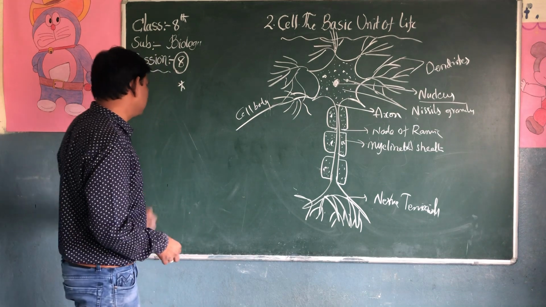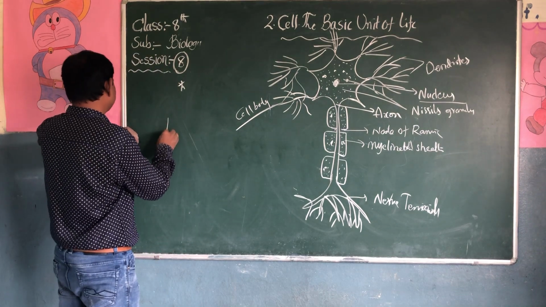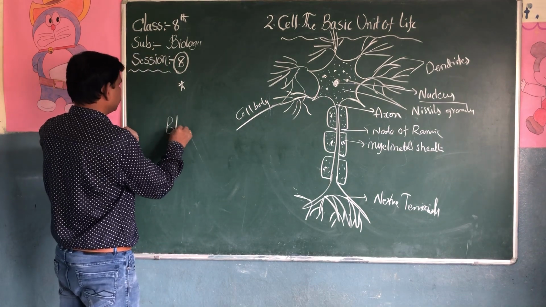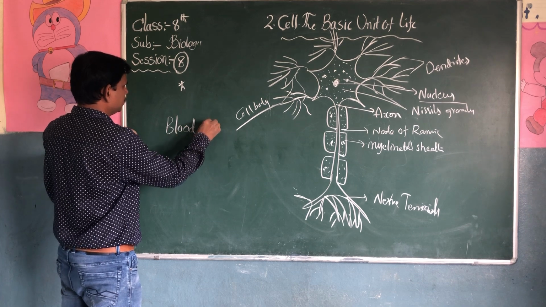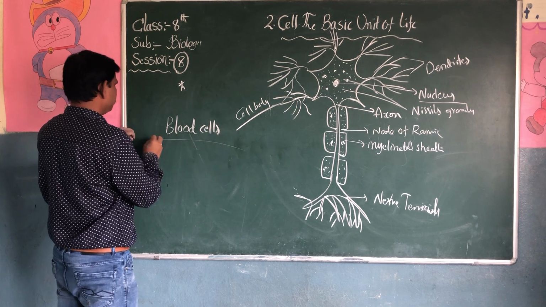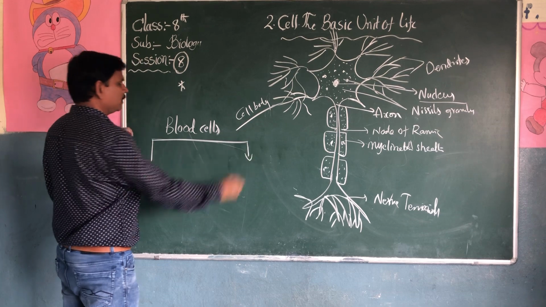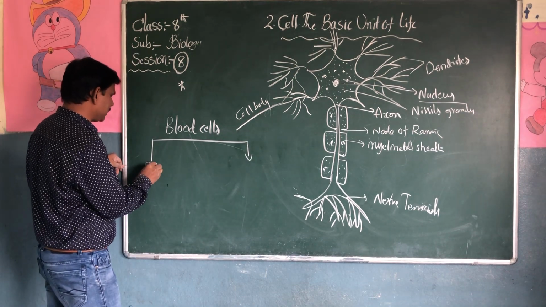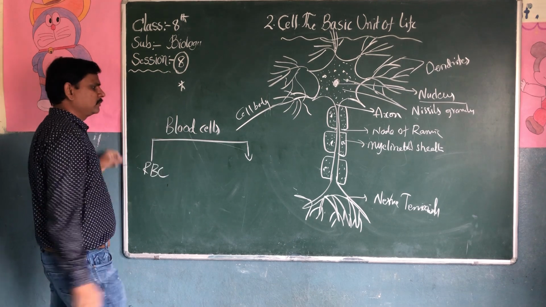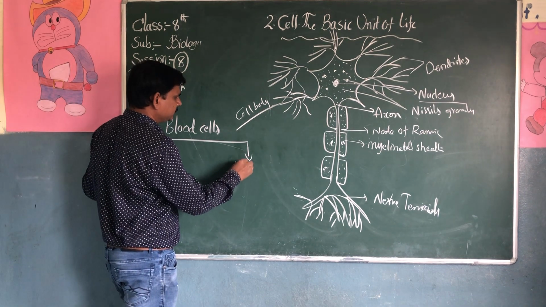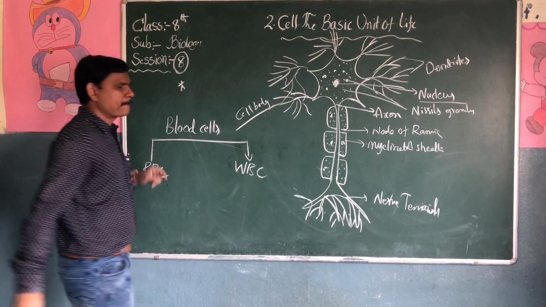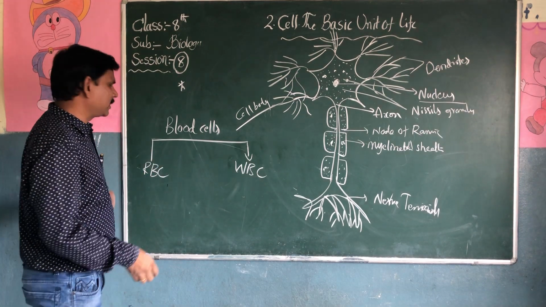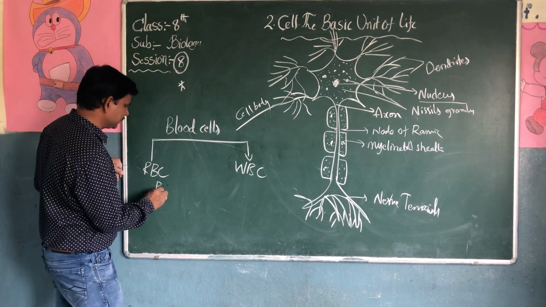One more important topic: the different types of blood cells. Blood cells are of two types. One is red blood cells, RBC. The second one is WBC. What is RBC? Red blood cells.